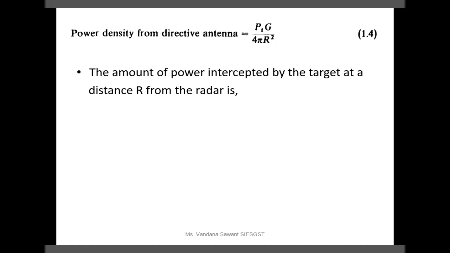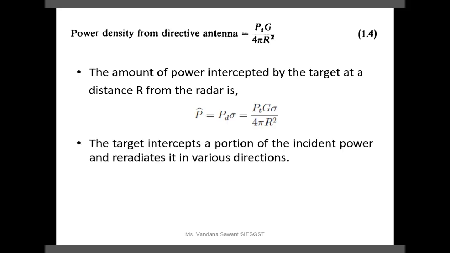So the amount of power intercepted by the target at a distance r from the radar is given as P equals PD sigma, which is equal to PtG sigma upon 4 pi r square, where PD is the power density and sigma is the cross-sectional area.